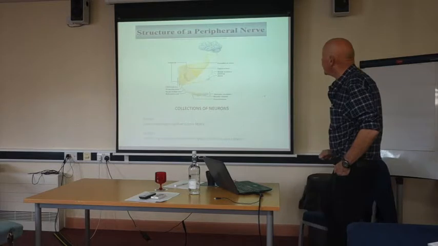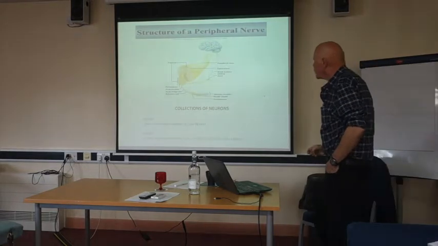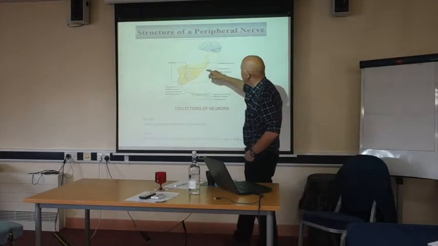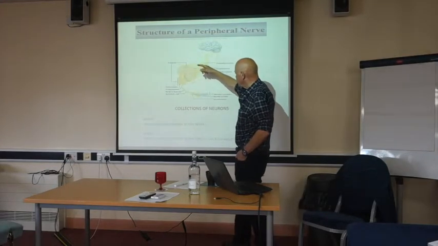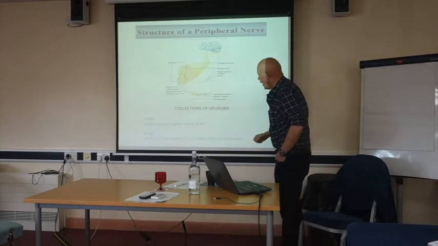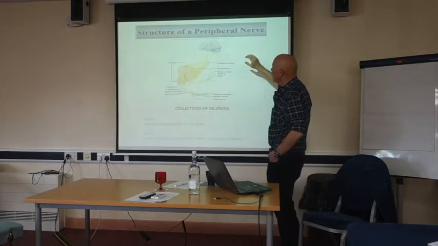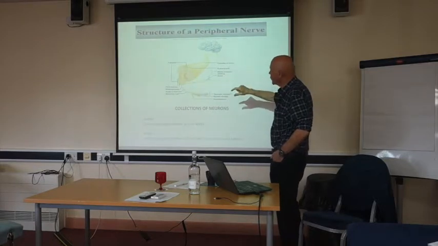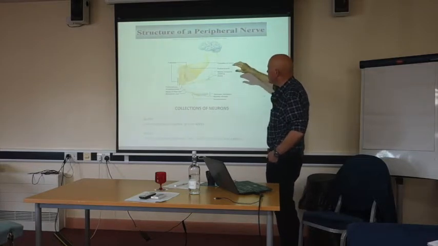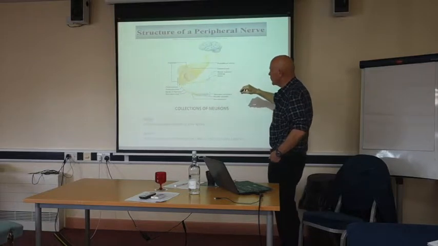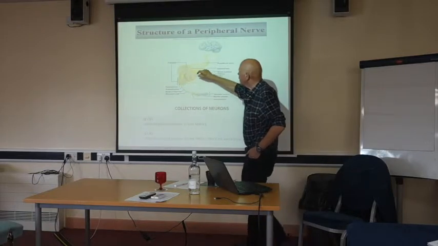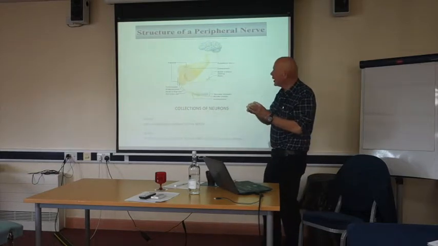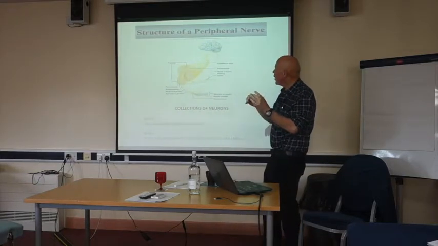The nerves are composed of bundles of neurons arranged in things with various names, fascicles. The axons of nerves, the axons of neurological tissue in the peripheral nervous system are grouped together like this, and the names of those groups are nerves.